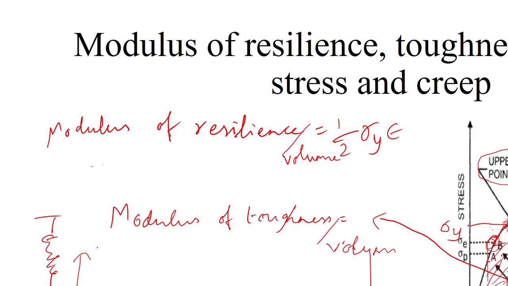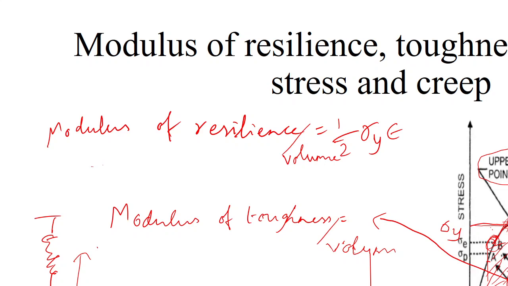What we can do is find an average stress value and then find the area based on that. So the modulus of toughness is based on the area under the stress-strain curve up to the fracture point. Yes, sir. Thank you, sir.